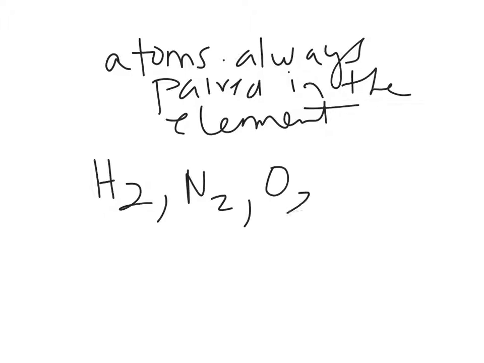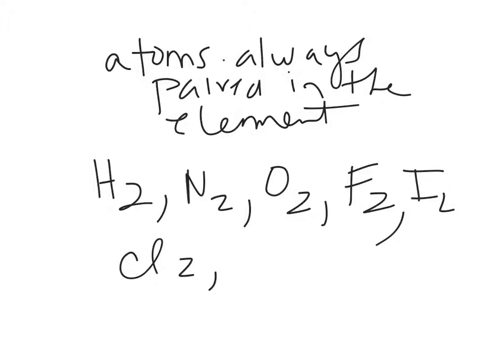Then we've got oxygen, fluorine, iodine, chlorine, bromine, 1, 2, 3, 4, 5. That's all. Okay? So these are the 7 diatomic elements. They never exist with their atoms alone.